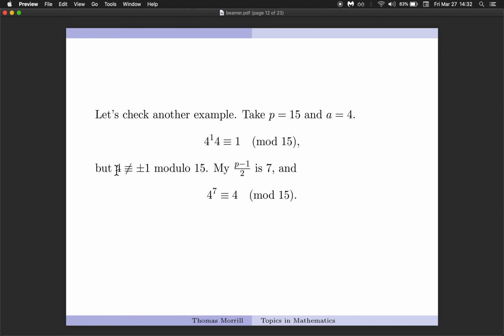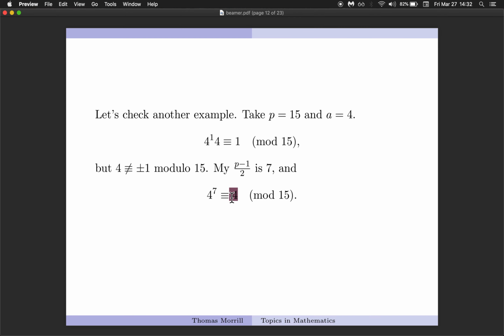But 4 is not congruent to plus or minus 1 mod 15. I calculate my exponent, my p take 1 on 2, that's 7. I'll tell you that 4 to the power 7 is just 4 mod 15.